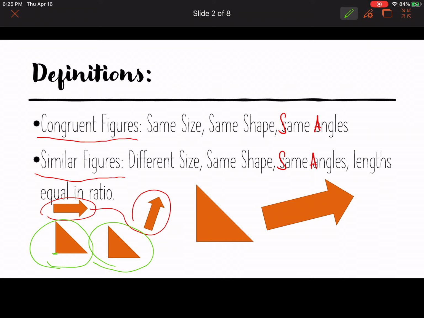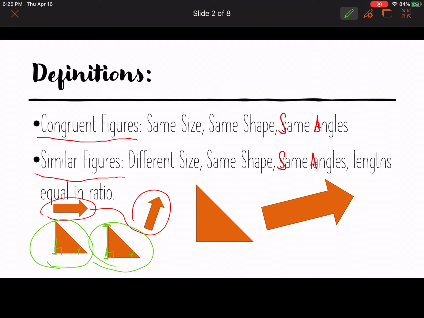So this length is the same as this length every time. All the same angles. You're a right angle, you're a right angle. You're so many degrees, you're so many degrees, you're the same. As long as they are the same size, shape, same angles, they are congruent figures.